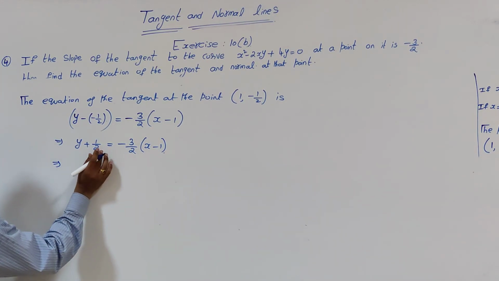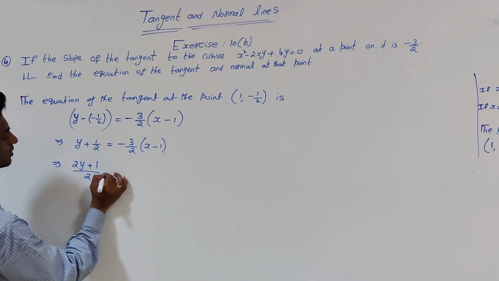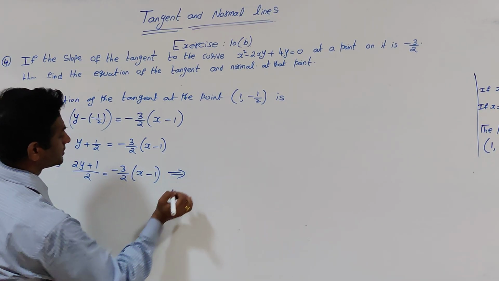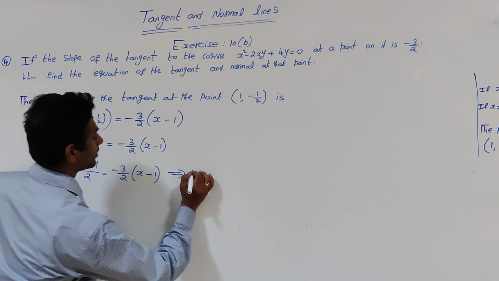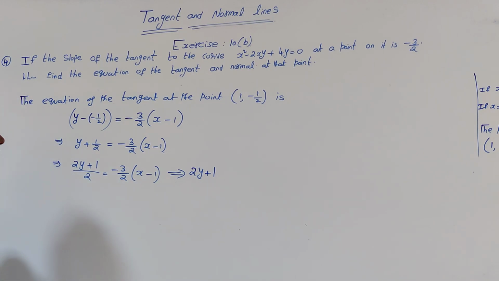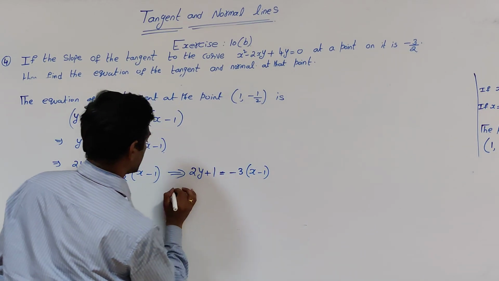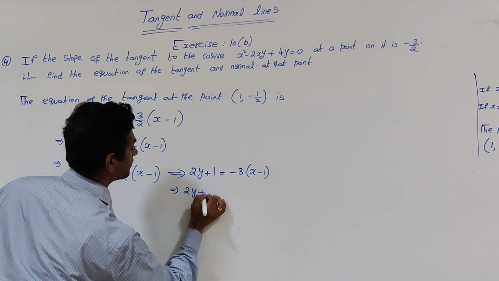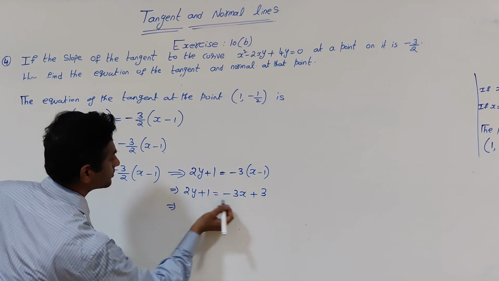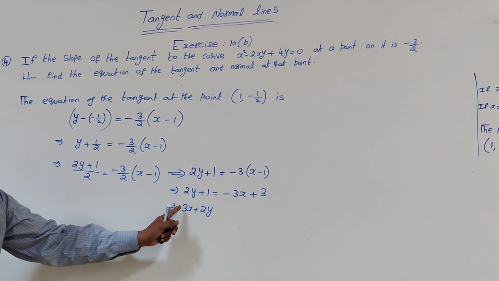So it will be (2y + 1)/2 = -3/2 (x - 1), which gives the 2 getting cancelled. 2y + 1 = -3(x - 1), which is 2y + 1 = -3x + 3, or 3x + 2y.